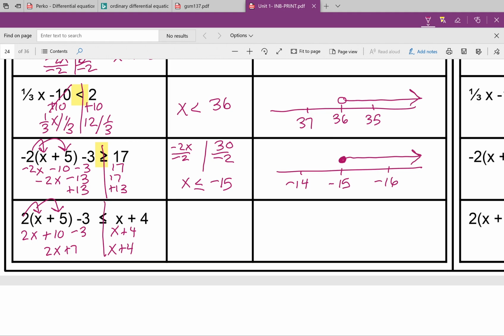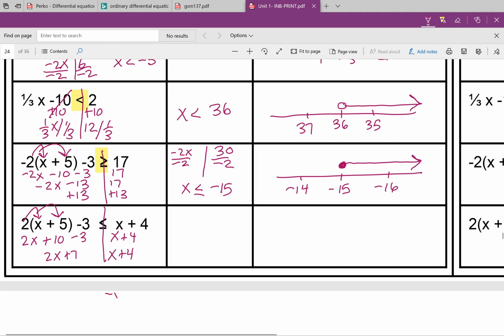Okay. I am going to move my x's to the other side. So I'm going to minus x. These cancel. Minus x. 2x minus 1x is x. Then I bring down my plus 7. Then I'm left with 4 on the other side.